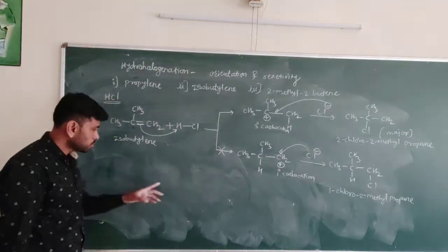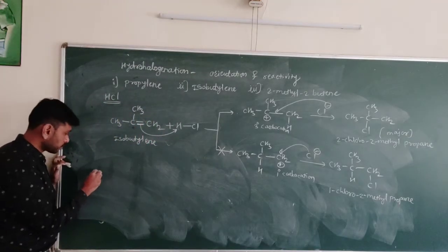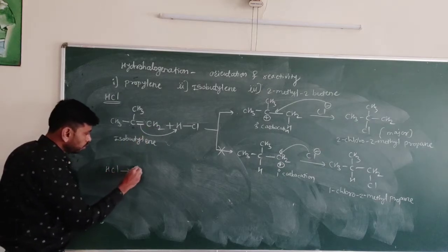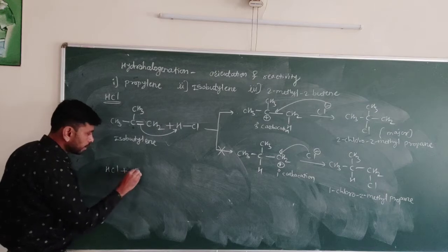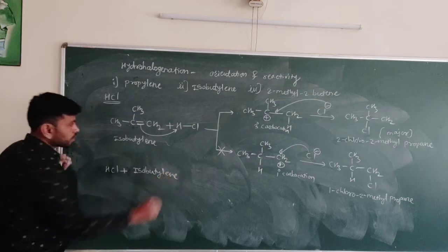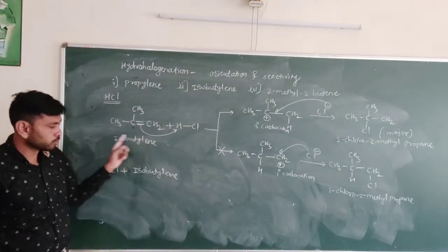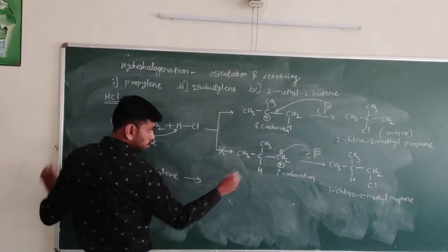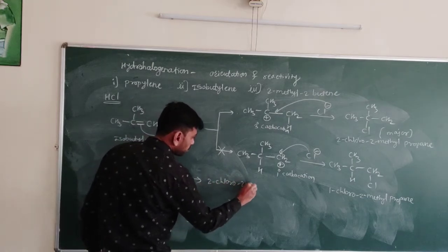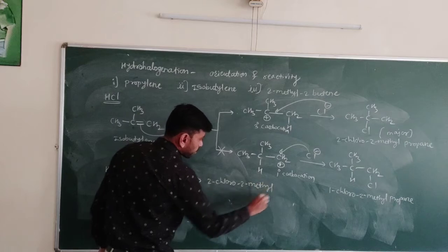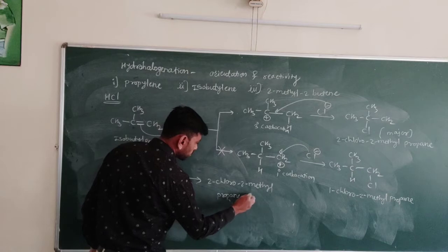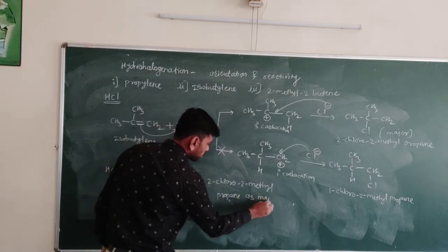Okay, major product. So the question on this topic: in an addition of HCl to isobutylene, we obtain 2-chloro 2-methyl propane as a major product.